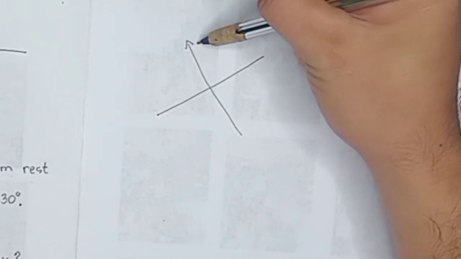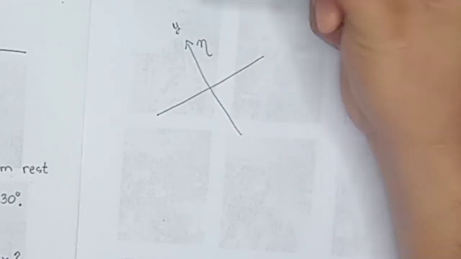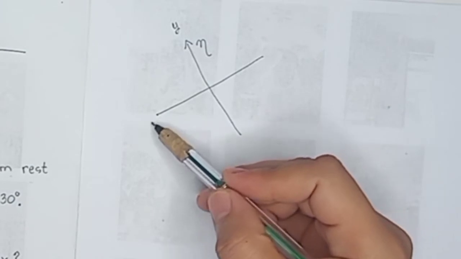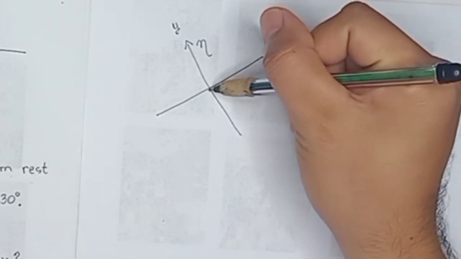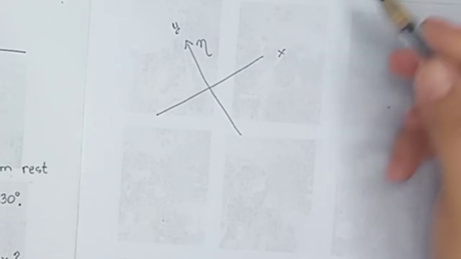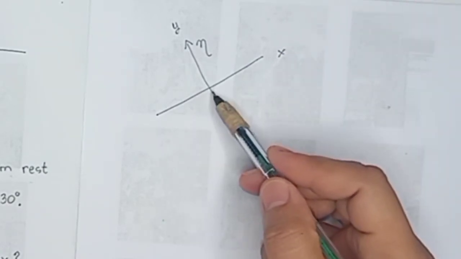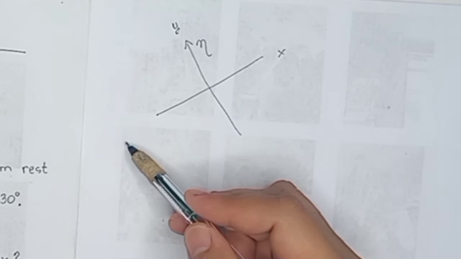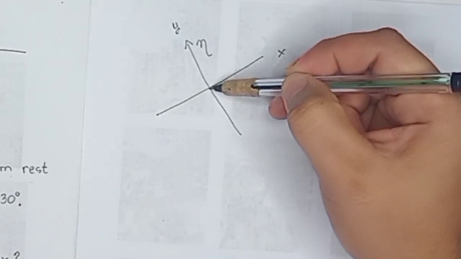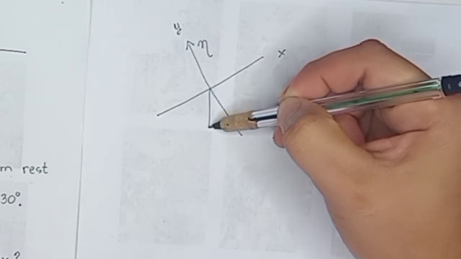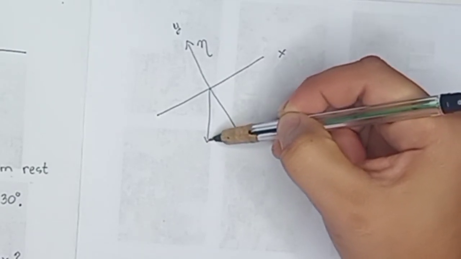So this is the direction of the normal force, which is on the y-axis, and this is the x-axis. We'll take this direction as the positive x, and this direction, which is the direction down the ramp, as the negative x-axis. The weight of the box is directed perpendicular to the ground.